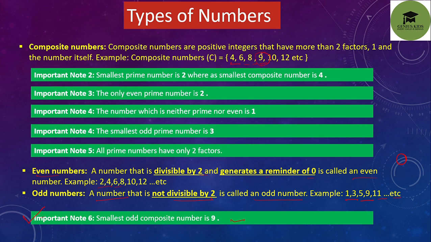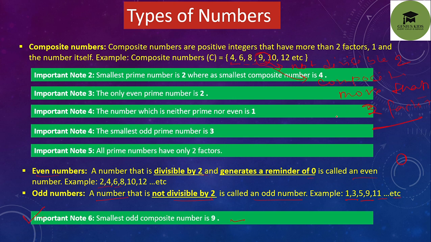So 9 is an odd number because it is not divisible by 2, but it is a composite number because it has more than 2 factors.